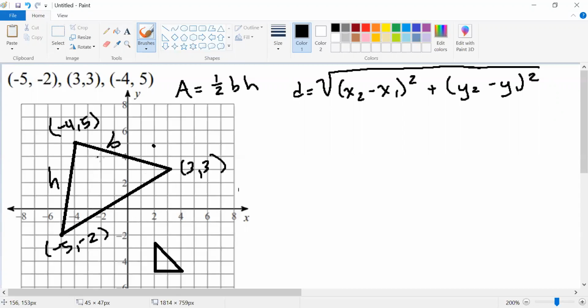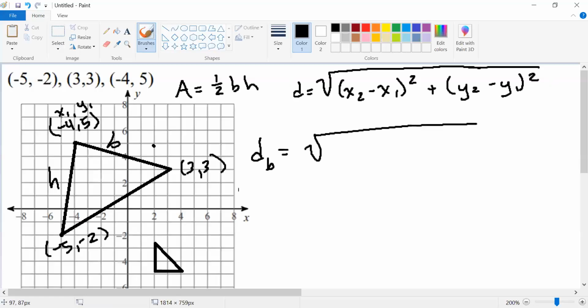Now, I need to find the length or the distance, so I'm going to put it into this formula right over here. So I'm going to say finding the distance of B. With my coordinates, I'm going to use this one as my first coordinate. You can also use this one as well. I'm just starting off here.